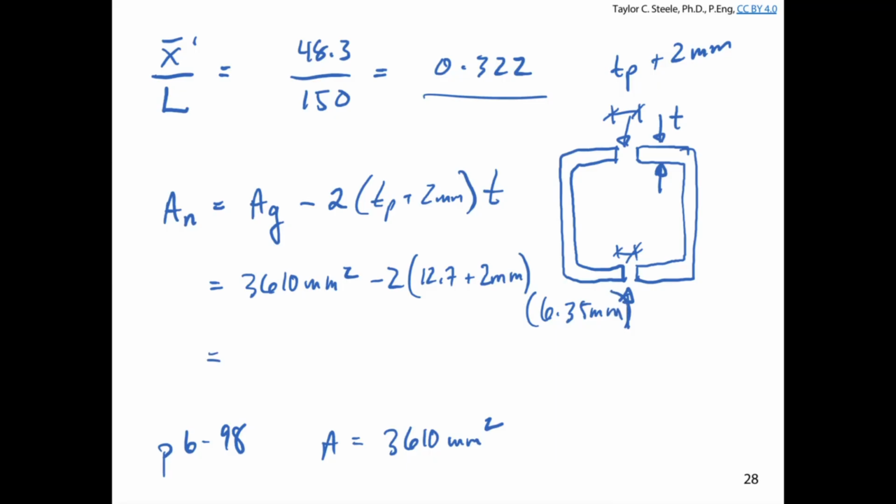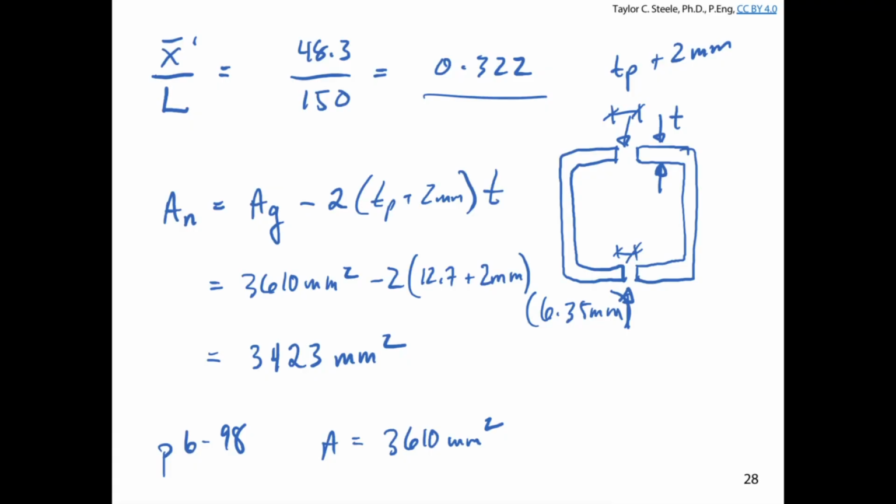And once we get rid of the slots, our AN value that's left over is 3,423 millimeters squared. So we didn't even lose 200 millimeters squared, so the slot really didn't take a whole lot of cross-sectional area away from us. Any questions about that net section calculation before we get to the end of the example?